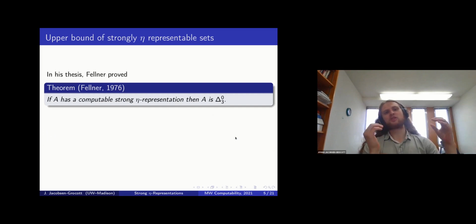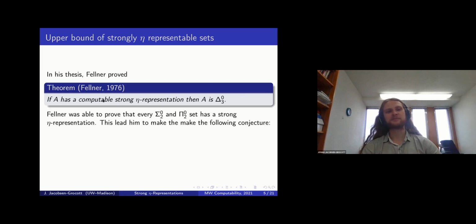If we look at strong eta representations, Feiner in his thesis gave a different upper bound: if a set A has a computable strong eta representation, then A is in fact Delta^0_3. Feiner was also able to prove, from the other direction, that every Sigma^0_2 and Pi^0_2 set has a strong eta representation.